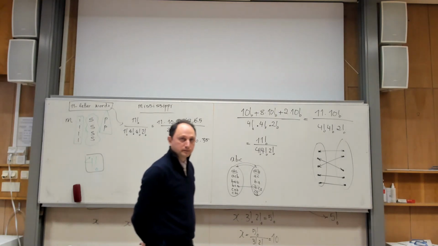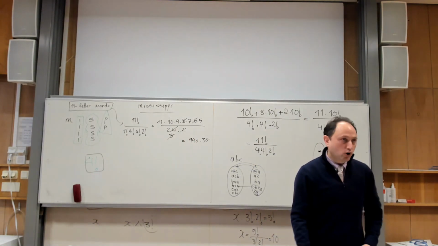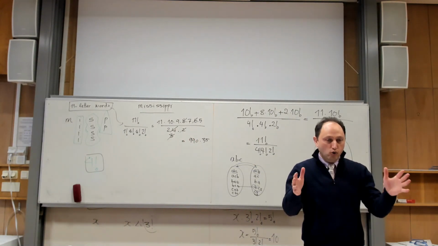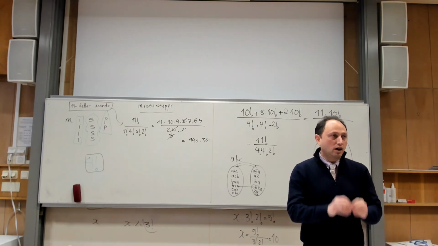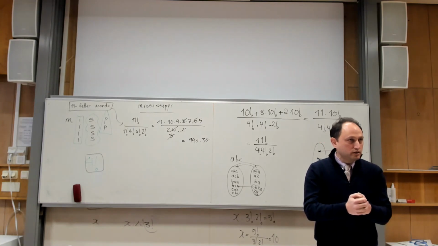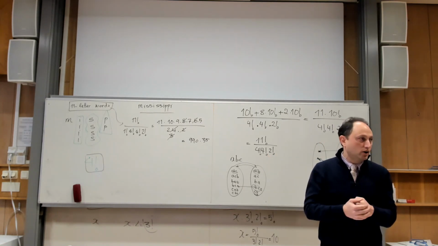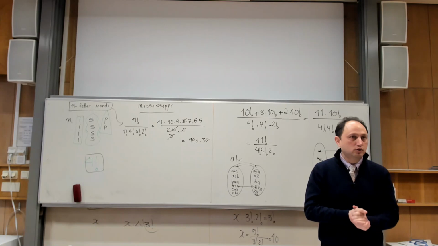Yes or no? Now let us solve this one. Only keep S's, all S's next to each other. That is the only constraint that you have. I want to keep all S's next to each other. I do not have any constraints regarding the others. They might be next to each other or not.